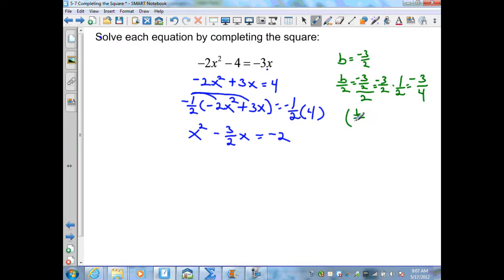I need b over 2 squared, which equals negative 3/4 squared, a positive 9/16. I'm going to add that to both sides of my equation, so it balances my equation. That gives me x squared minus 3 over 2x plus 9/16 equals a negative 2 plus 9/16.